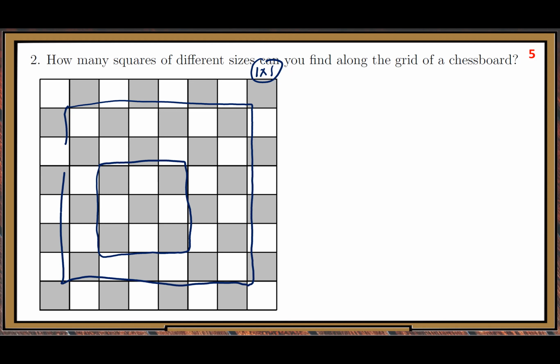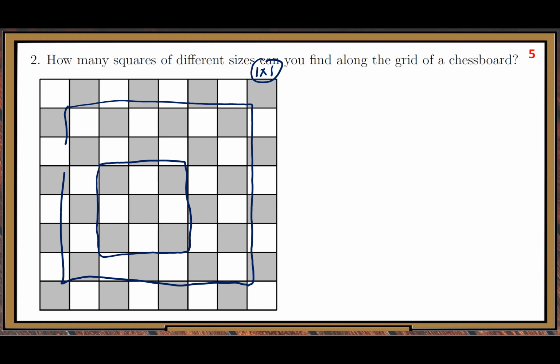Squares of different sizes. Try to find the rule. Is there some rule you can use here? We want to find the number of squares that are 1 by 1, then 2 by 2, then 3 by 3, then 4 by 4, up to 8 by 8.